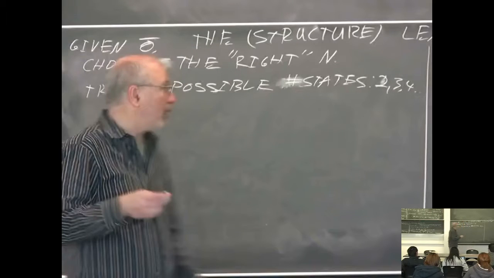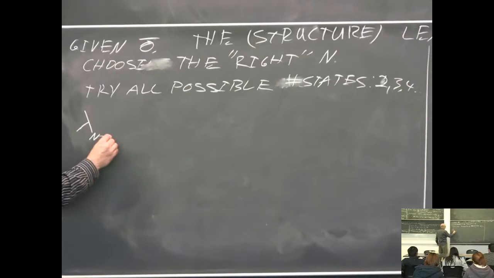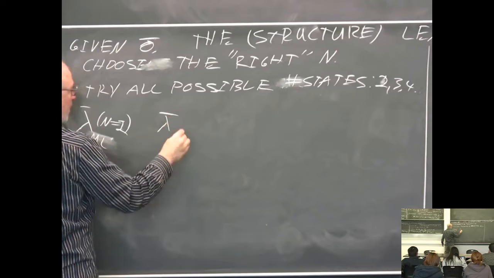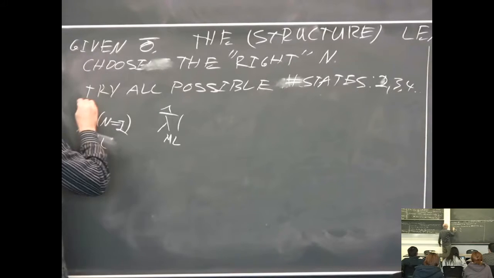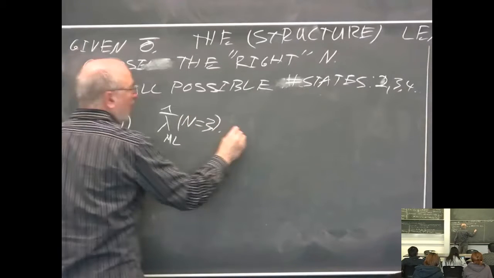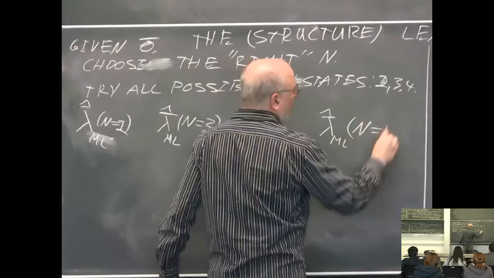So we'll call it the parameters of the model with maximum likelihood when n equals 2, maximum likelihood when n equals 3, all the way to the maximum likelihood estimate based on the same data when n equals 100.